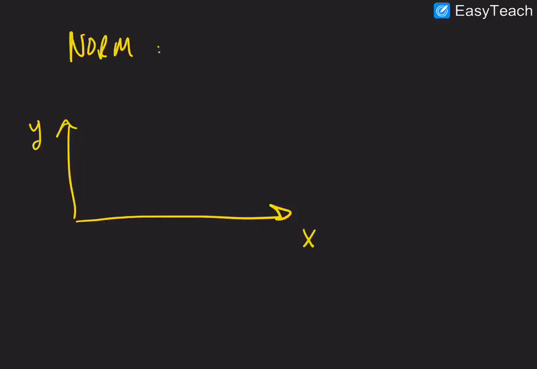Okay. So, oh yeah, we were talking about the norm. The way the norm looks, we have this y-axis and this x-axis. Then we have this point, V1 and V2. And it is a vector like this.